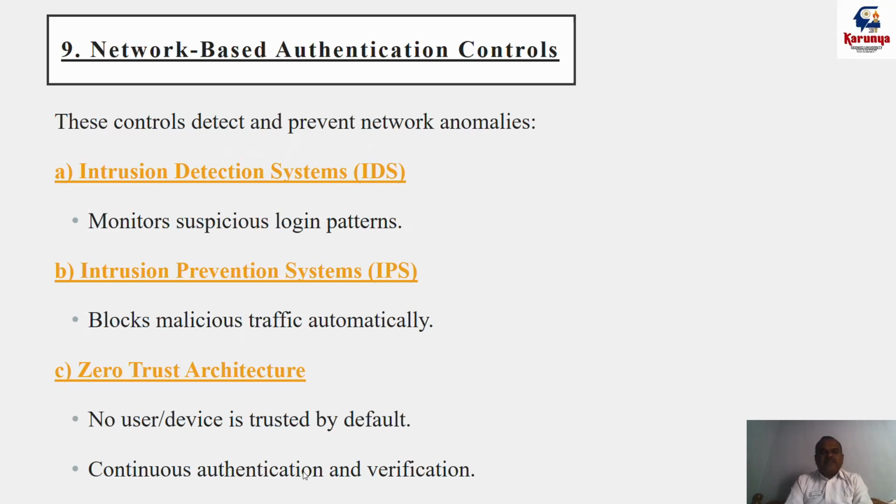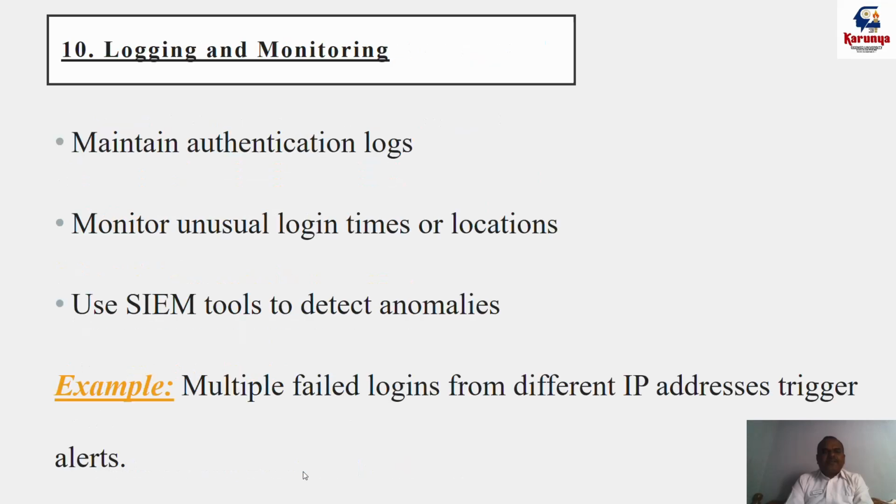Then zero trust architecture, where no user or device is trusted by default, with continuous authentication and verification. So these are the three network based authentication controls: IDS, IPS, and zero trust architecture.